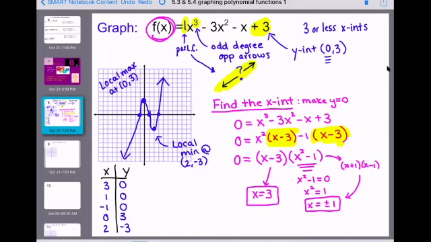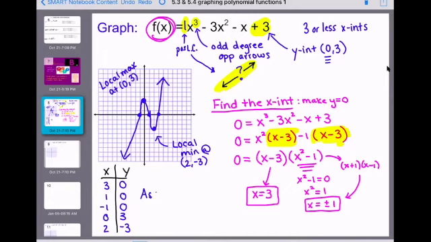Okay, last thing I want to do with this before we try one more is describe the end behavior of the graph. If I was doing this question on a test or a quiz, I've memorized that little sentence.